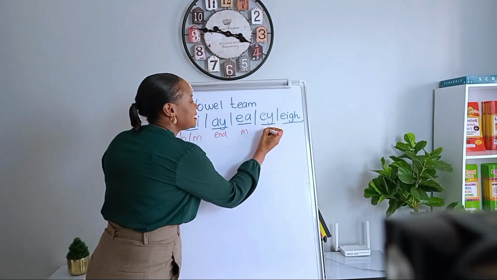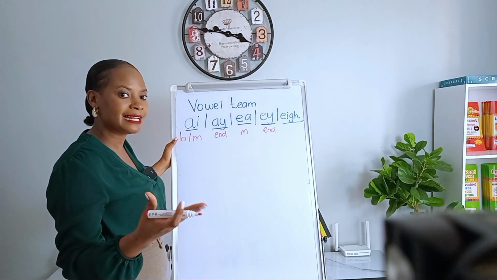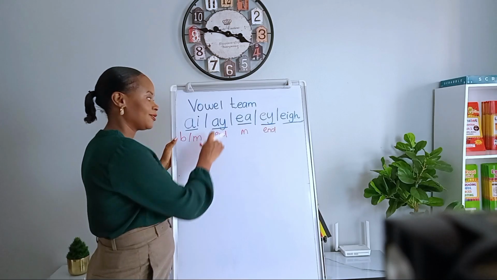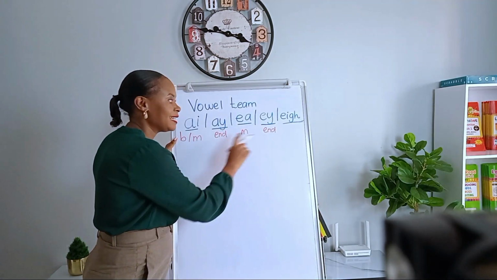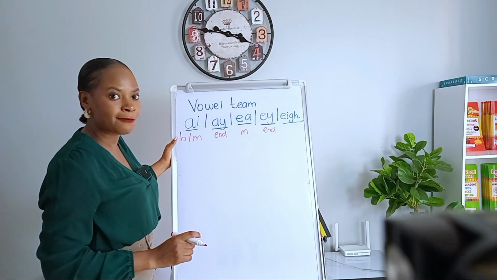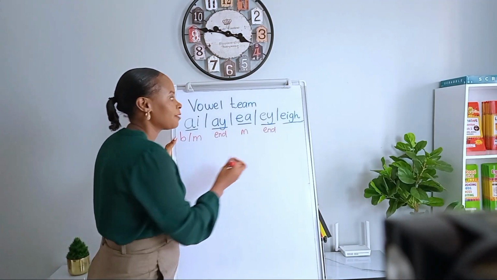EY comes at the end, to make the sound A, like in grey. But also AY comes at the end. So the more you read, the easier it will become for you to know which one is the right one to spell with.